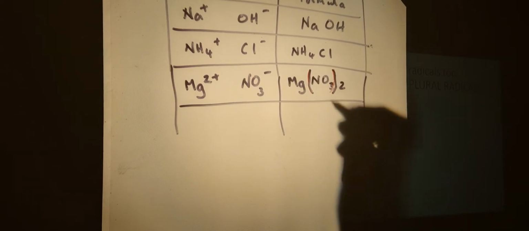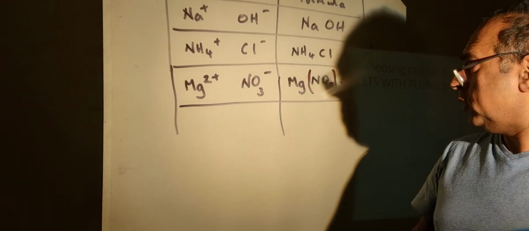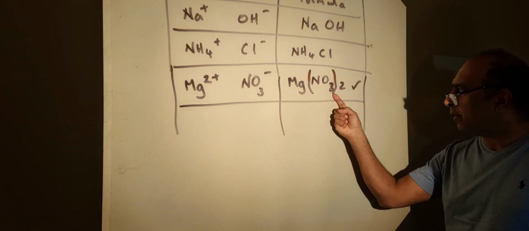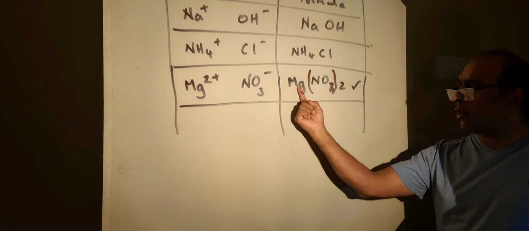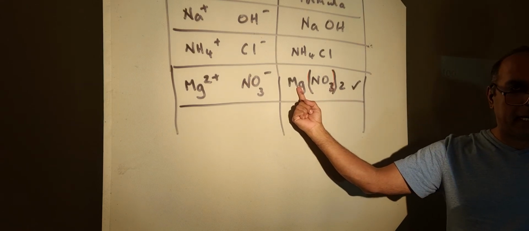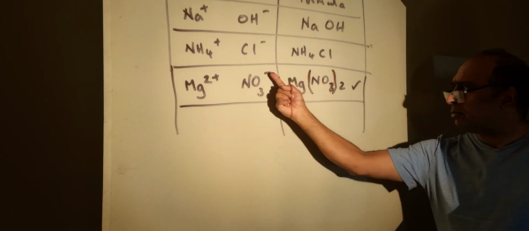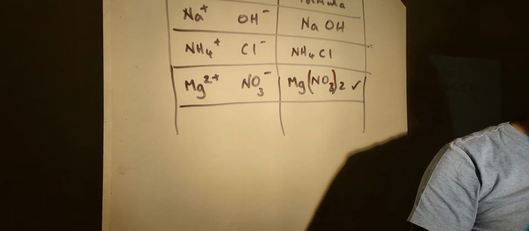I messed it up a bit, it's not very elegant, but that's correct. Mg, open brackets, NO3, close brackets, 2. 2 lots of nitrate with 1 magnesium ion. 1 magnesium is 2 positive, those single negative, 2 of them give you that is neutral.